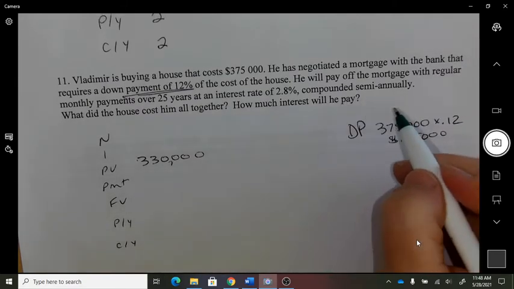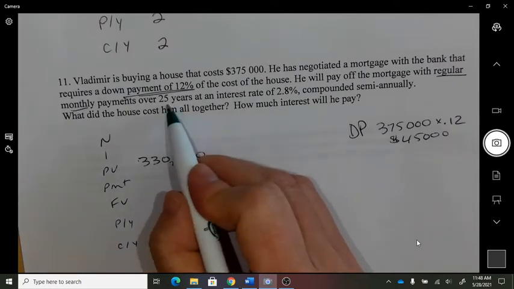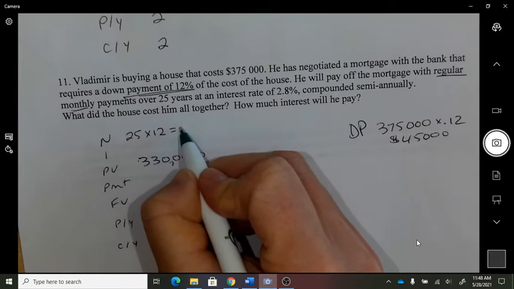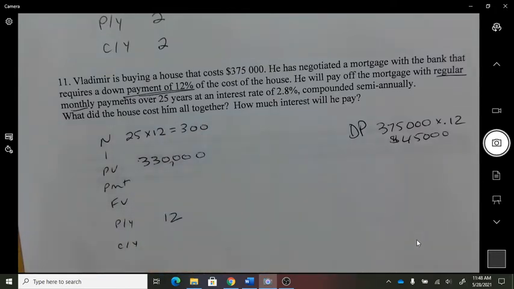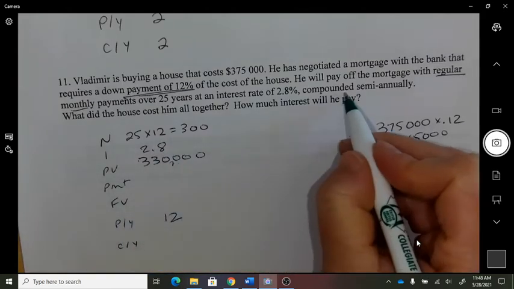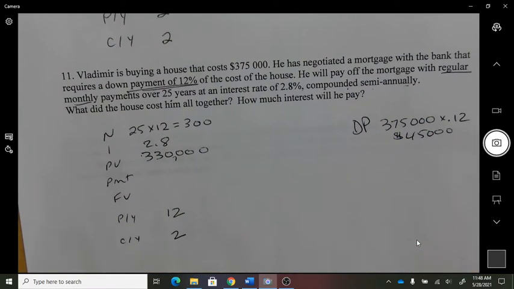Regular monthly payments. So payments per year is 12. 25 years. So for 25 years, we're doing that 12 times. If you want, you can put 300, or you can just do that. 2.8% compounded semi-annually, so that's 2 on the compounds.